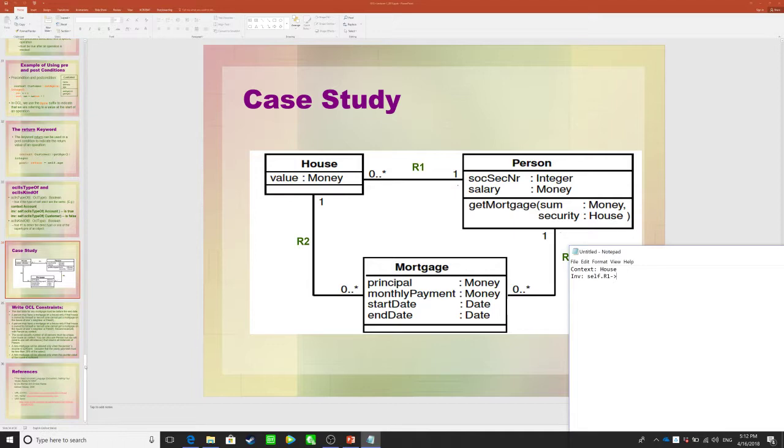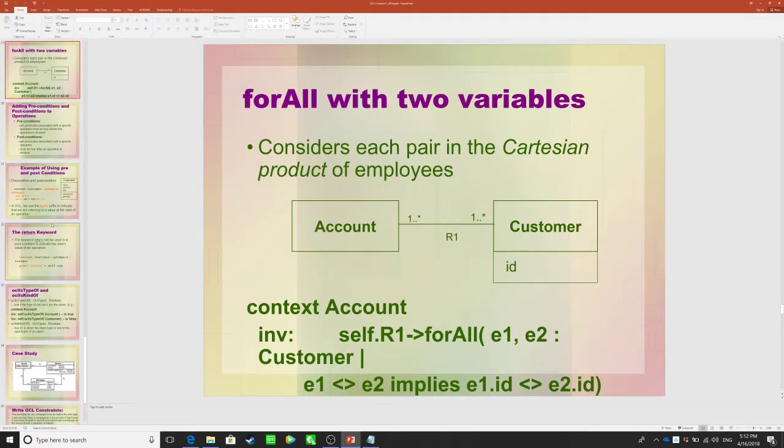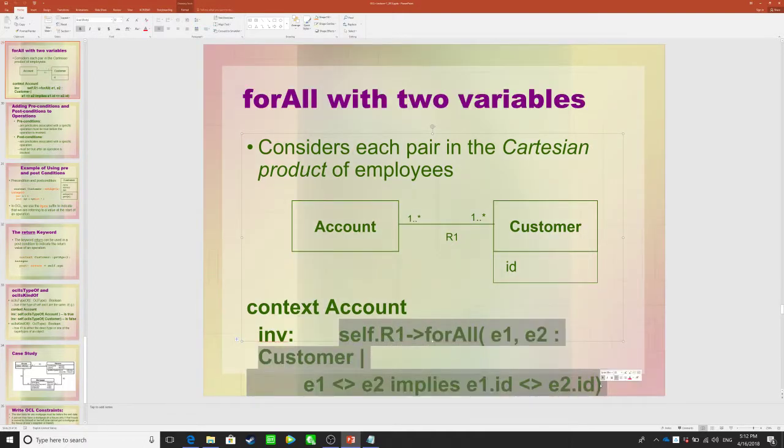Let me give you a hint. We just take a look. Here, to this one, we do something pretty similar to this. forAll.